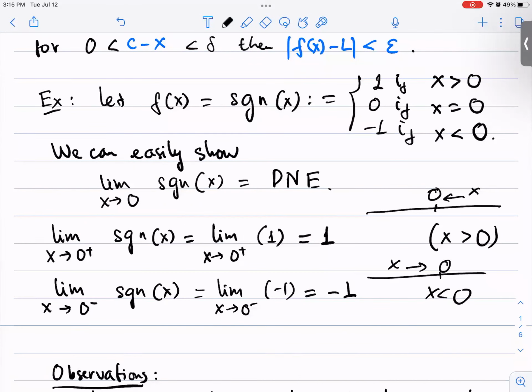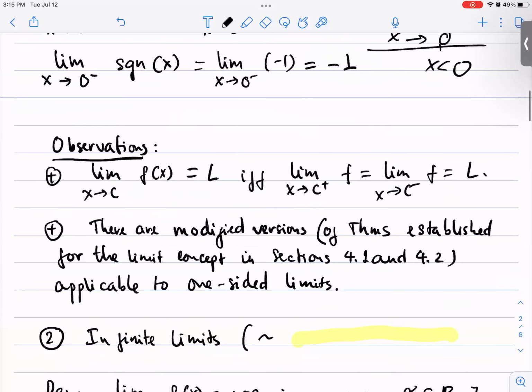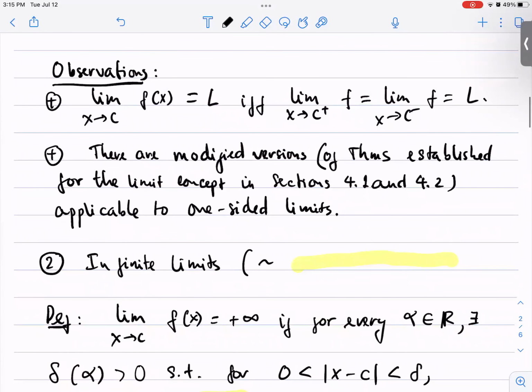When x approaching 0 from the right, the function approaching value 1. When x approaching 0 from the left, the function approaching value -1. The second observation is that there are modified versions of theorems established for the limit concept in section 4.1 and 4.2 applicable to one-sided limit. We skip them and you can read more about these statements in the textbook.